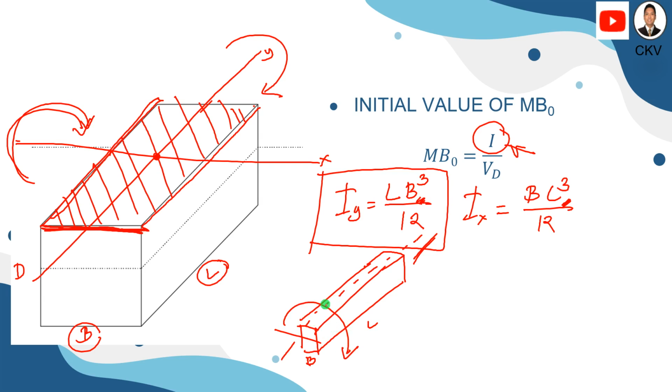It is easier to overturn this wooden block in this direction on the y-axis as compared to this direction where we have the x-axis. So it is harder for this block to be overturned on the x-axis because it is more stable on this axis compared to the y-axis. It is less stable on the y-axis because it gives us the lesser value of the moment of inertia.